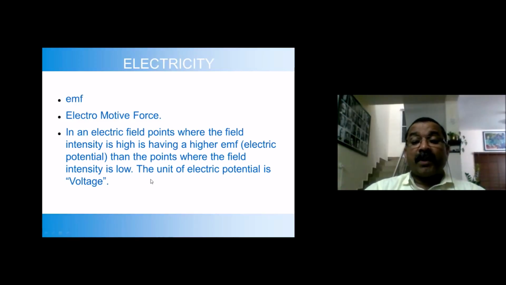A higher EMF can be termed electric potential, and the unit of electric potential is voltage.